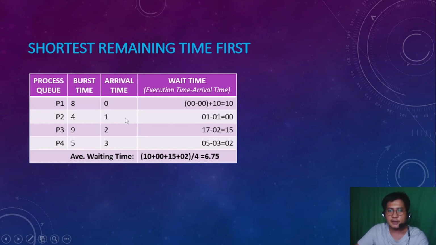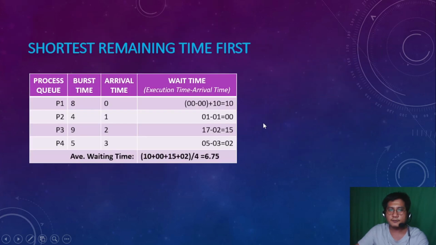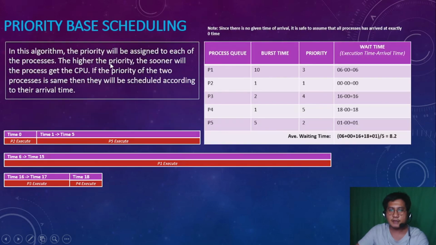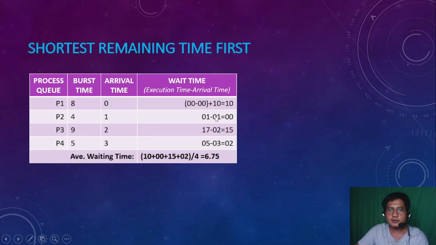And then we have the process 2, which is we have 1 because according to our Gantt chart, process 2 arrives at time 1. Oh, this is the arrival time. No, this is the execution time. So it arrives at time 1, it gets executed at time 1. So that is why we have 1 here for the execution time, and this another 1 here from the arrival time. So execution time of process 2, which is 1 minus 1 of its arrival time, we have 0.